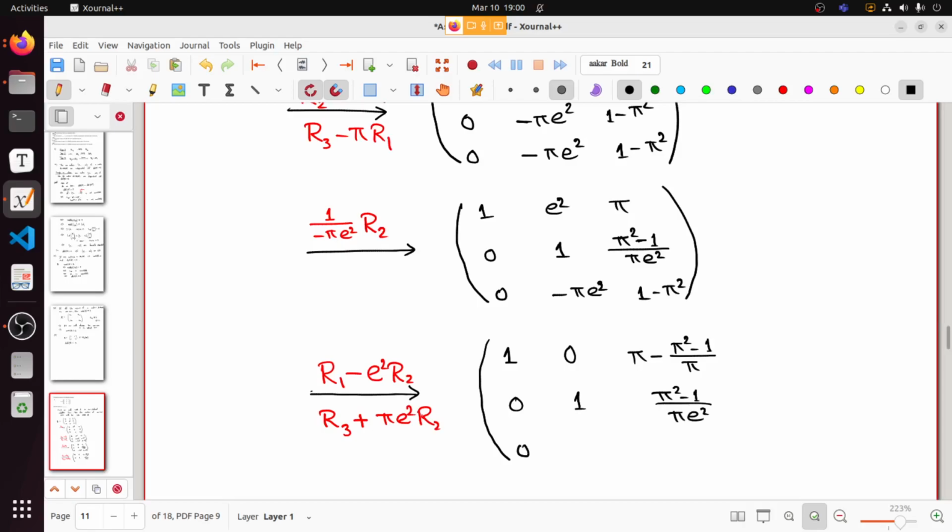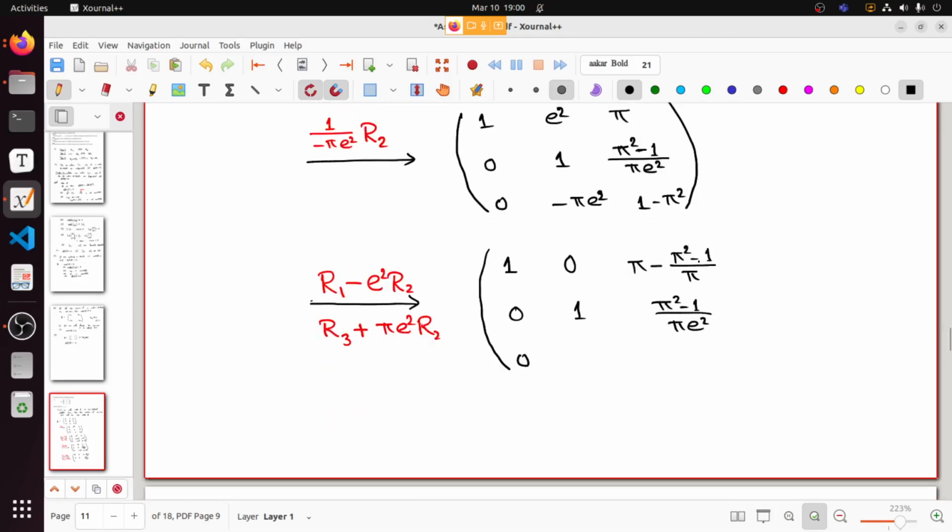In the third row, this entry becomes 0 because we multiplied by pi square and added, and here again we multiplied by pi square and added, so it becomes 0. So we get this. Now it is the row reduced form, because the first row has 1 and everything below is 0, the second row has 1 and everything below is 0, and the third row is 0. So now it is in row echelon form.